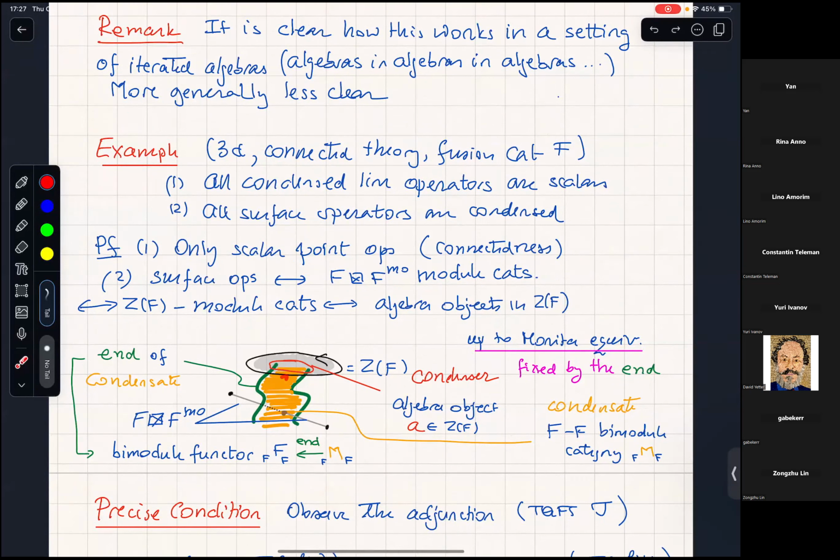So here the codimension 1 surface operator is this orange surface you see, which is an F-F bimodule. And that gives a module over Z of F that contains a Morita class. But part of the datum you have to specify is how you end the condensate. That's an end of the condensate. And that will fix the actual algebra object instead of the Morita class.